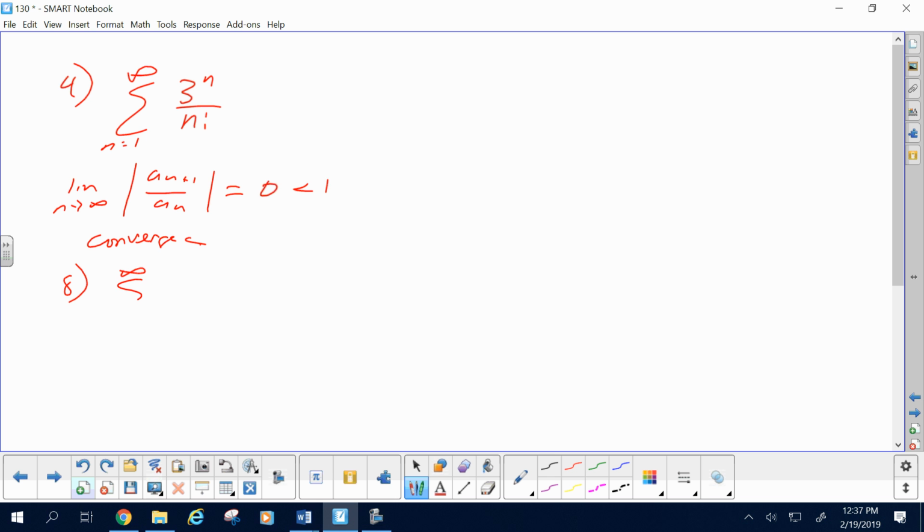Okay, now, before today, how would you approach 8? Separate and use geometric, okay? That would work, but let's say we use the root test. The limit as n goes to infinity of the nth root of 2 to the n plus 2 over 3 to the n.